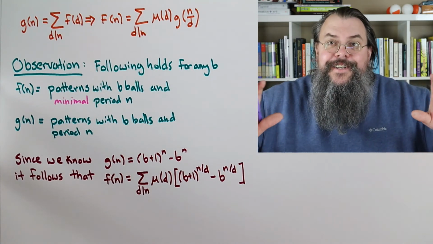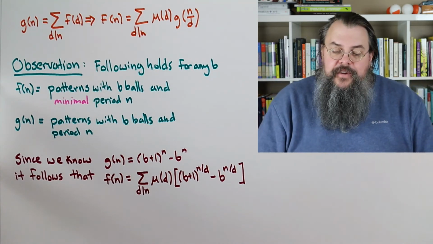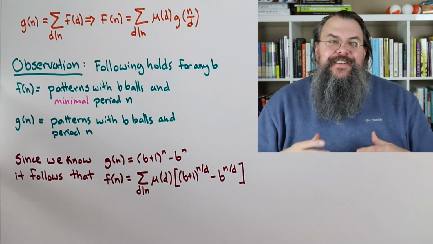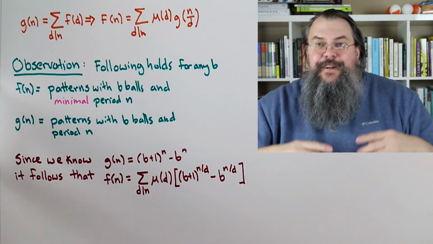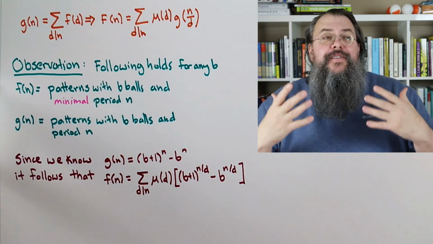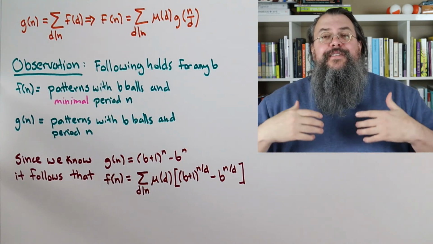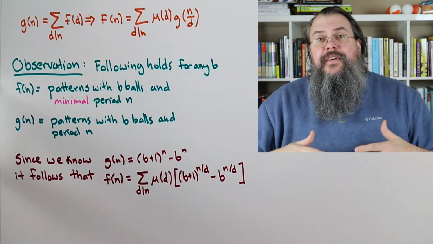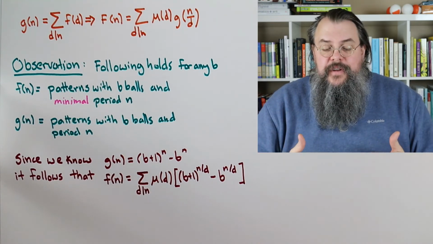Aha! Success! Now, in some sense, this looks a lot more complicated than just b plus 1 to the n minus b to the n. It is more complicated, but it's also more pure. It's really capturing the proper number of juggling patterns and not just their descriptions.